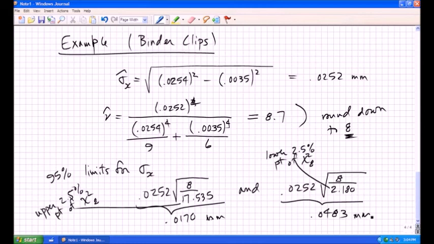And what I've learned from this analysis is that the binder clip standard deviation is someplace between about 0.02 millimeters and 0.05 millimeters. Now, that's not a very definitive statement, but that's what I can say based on these samples of size 10 and 7 that I used in this little class demonstration.